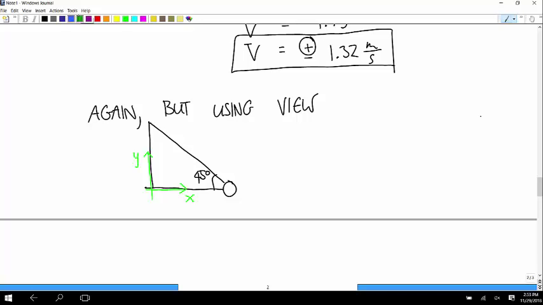Okay, so now that we have the view, the first step is to draw a centripetal acceleration vector. Is that vector in the positive or negative x direction? Negative this time. It was in the positive last time. So the centripetal acceleration this time is negative v squared over r for x, and then 0 for y.